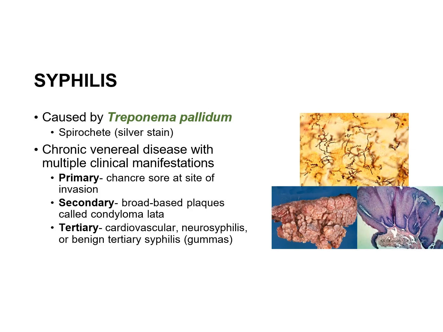Primary syphilis presents with a painless chancre at the site of infection. Secondary syphilis is marked by systemic spread, producing skin rashes and mucosal lesions known as condyloma lata. Tertiary syphilis can involve the cardiovascular system, central nervous system, or form granulomatous lesions called gummas.